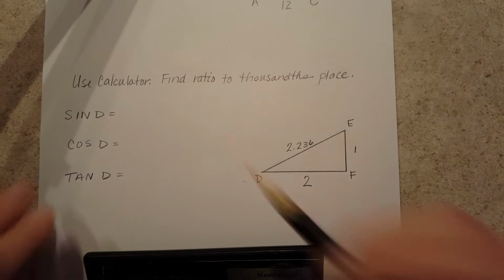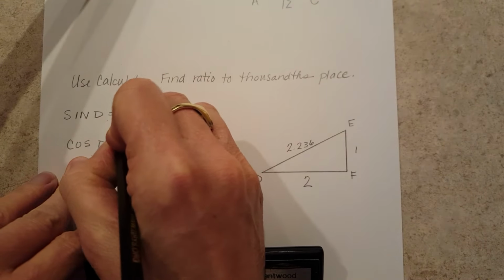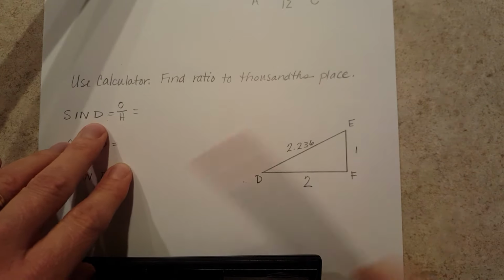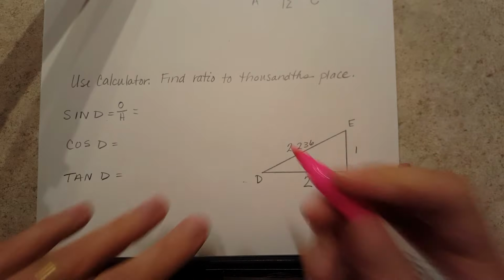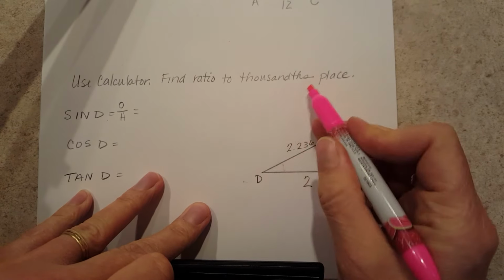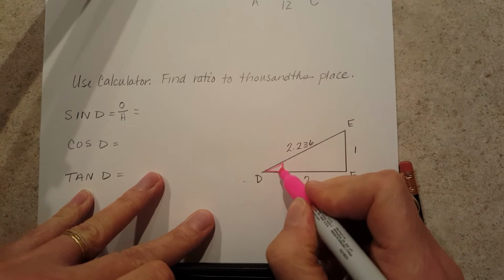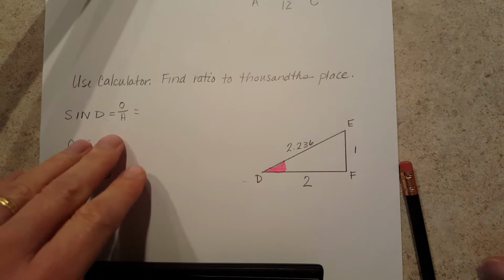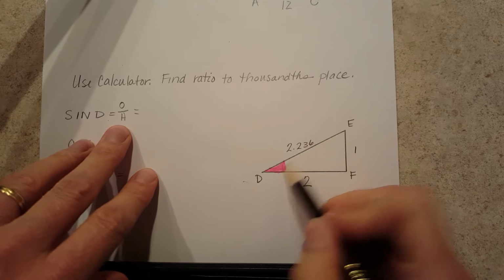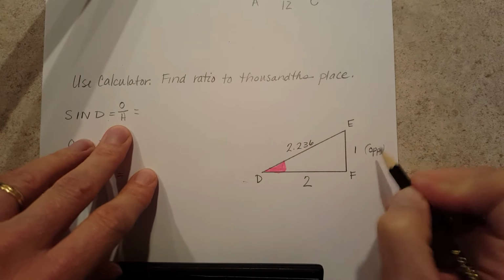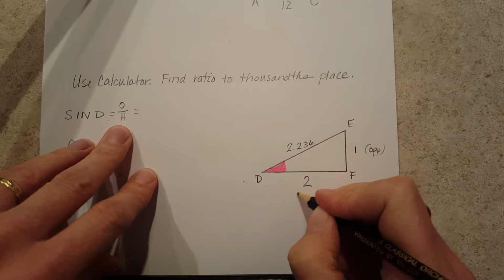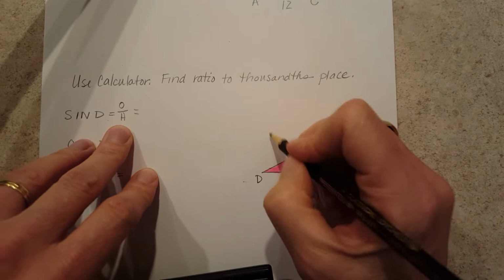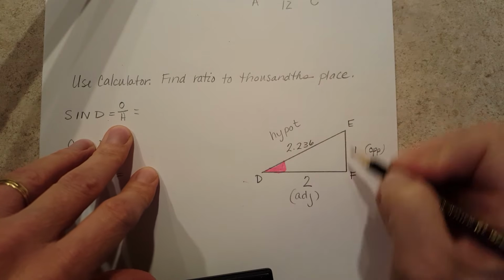So sine, and that would be opposite. Well, let's see. What are we working with? D. Okay, and I'm going to do this to the nearest thousandths. That's what your book will ask too, I think. And we'll just do a couple of these so you can see how to do them. So here's your angle. This would be opposite. And this would be adjacent. Okay, so opposite over hypotenuse, which is always opposite the right angle.